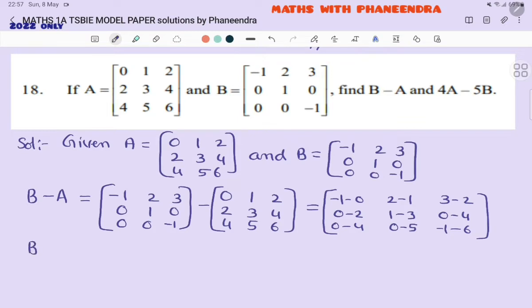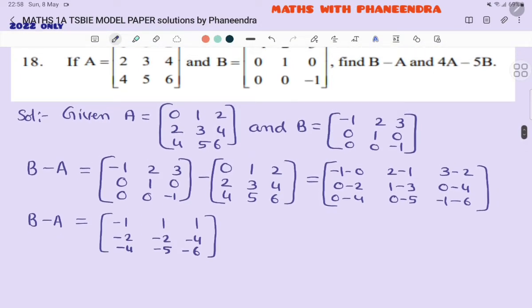So B minus A is equal to minus 1, 1, 1, minus 2, minus 2, minus 4, minus 4, minus 5, minus 6. This is about B minus A.